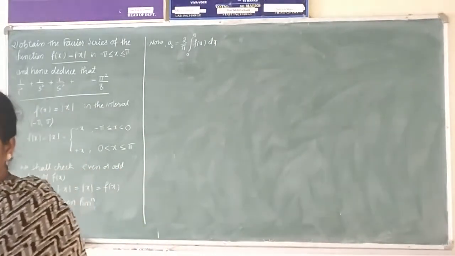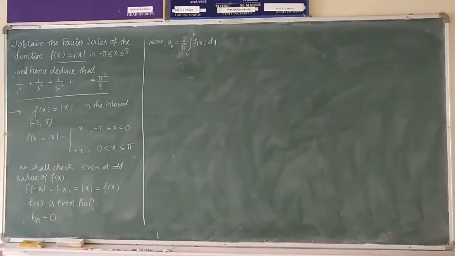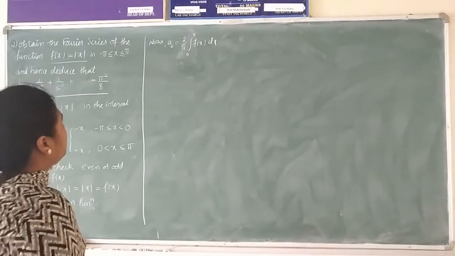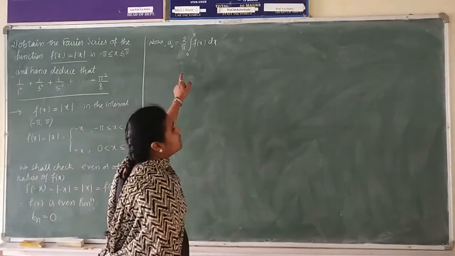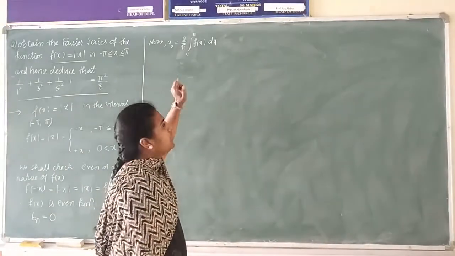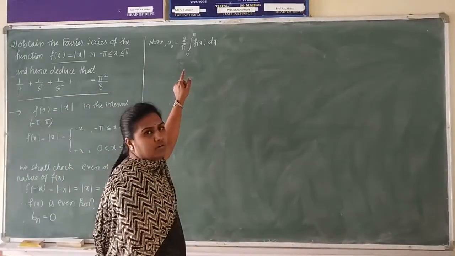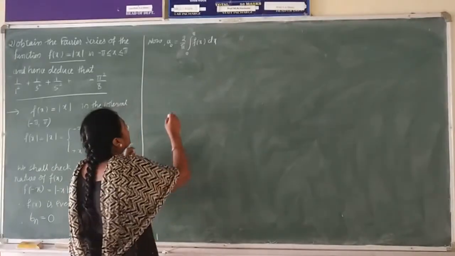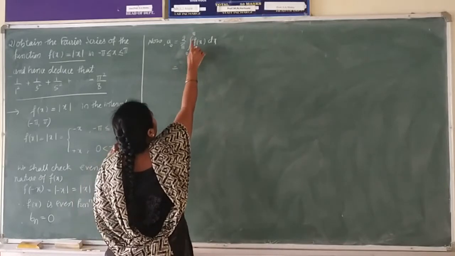Consider Euler's formula: a0 is equal to 2 by pi into integration of 0 to pi f of x dx. Now you can see the limits are 0 to pi. In that we need to integrate the given f of x within the limits 0 to pi.